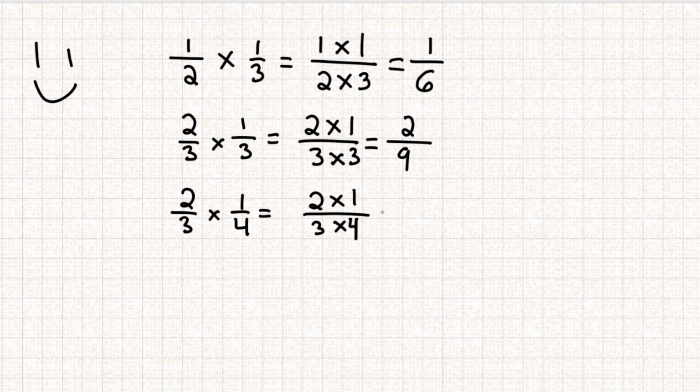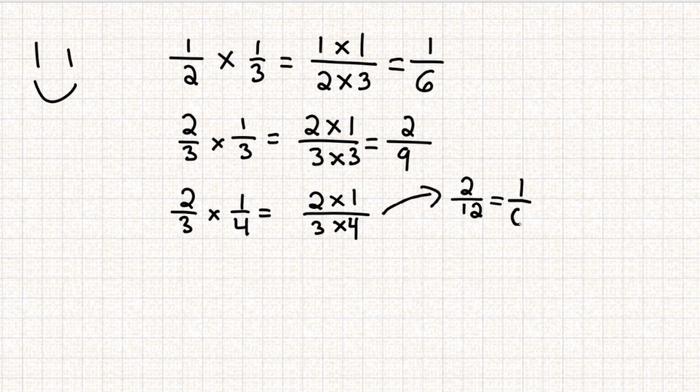Now I'm going to do this the way that we've done it in the past, which is just to work out the operations. 2 times 1 is 2, divided by 3 times 4, which is 12. And here we can simplify this fraction by dividing the numerator and the denominator by 2.